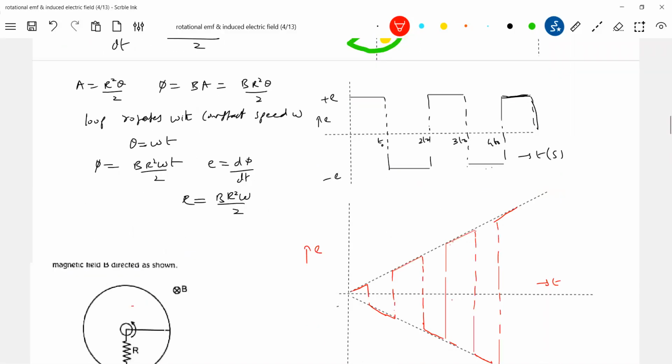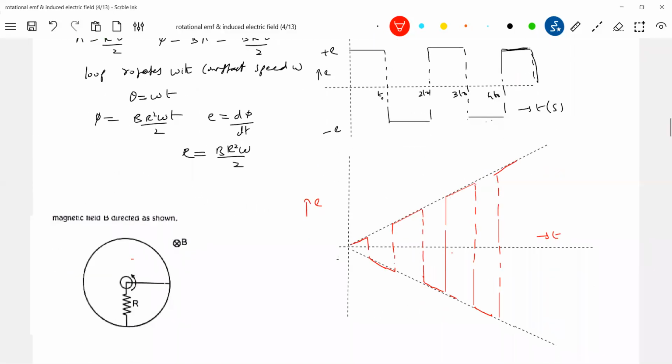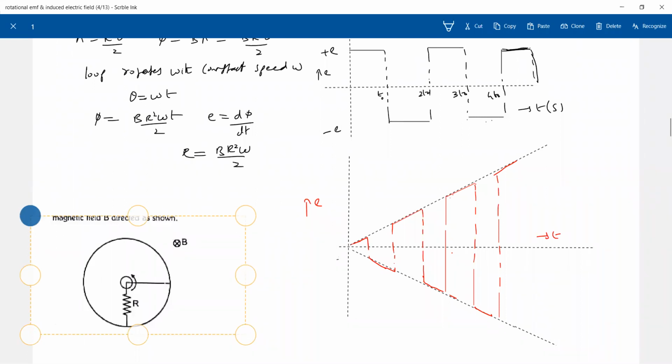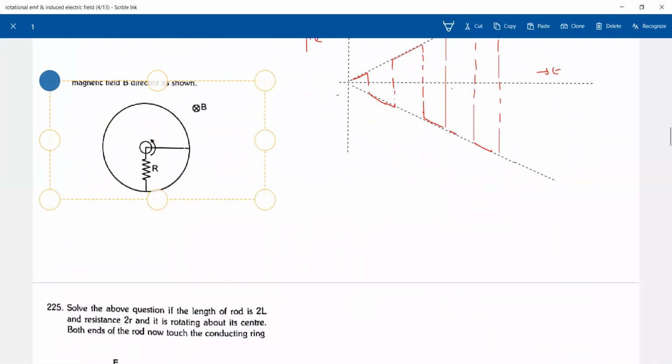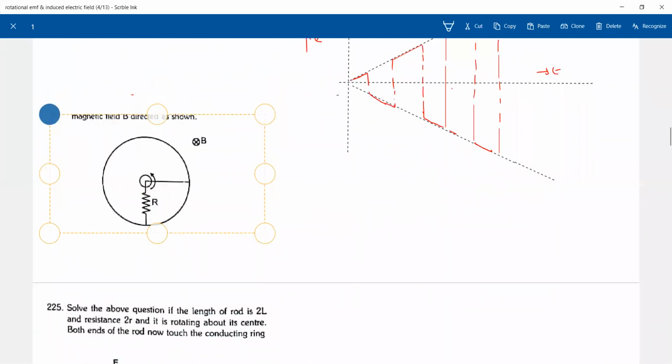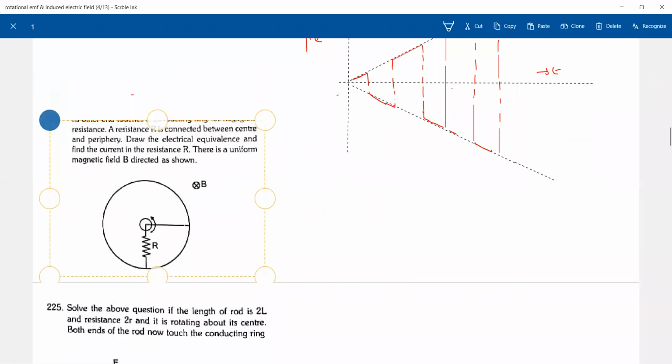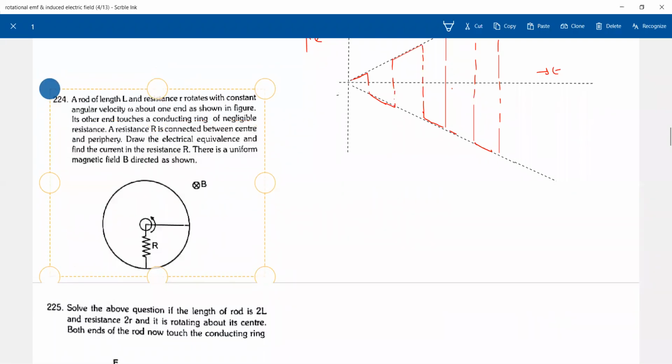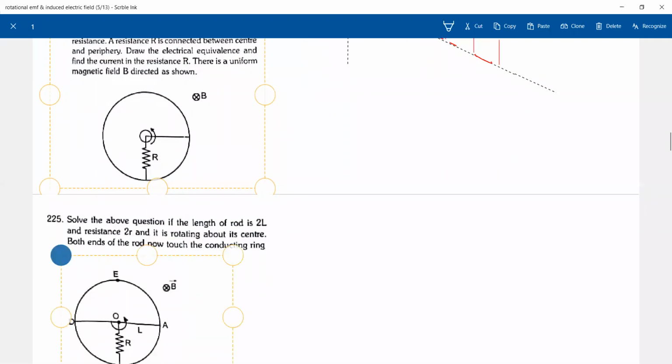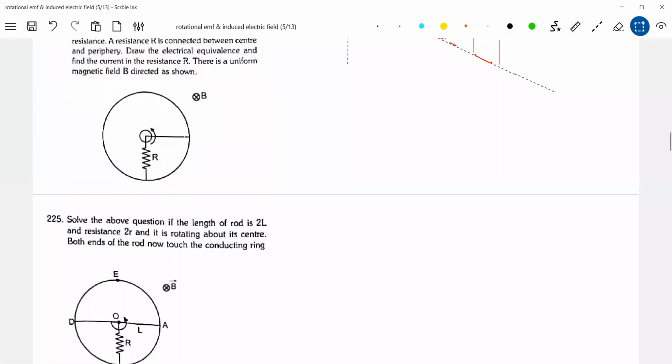Where is the other question? Just give time. I'll adjust this one.